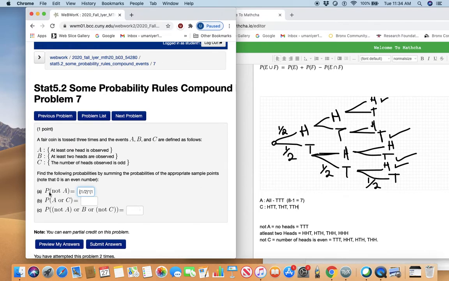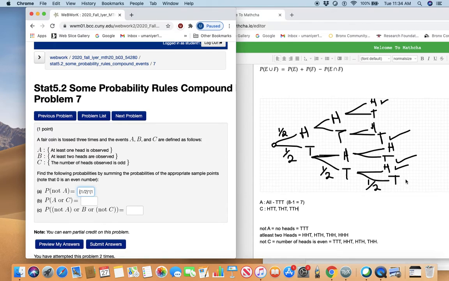All right. B part, A or C. A tells me at least one head. C tells me number of heads observed is odd. So A is at least one head, which means all branches minus tail, tail, tail.